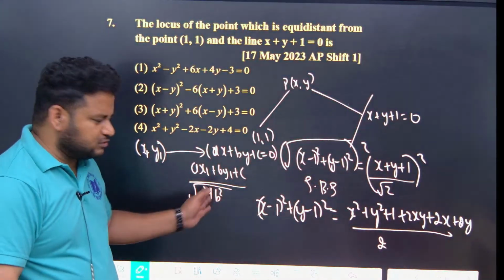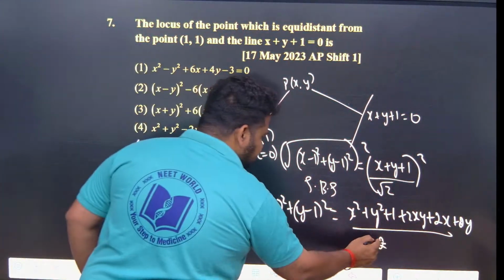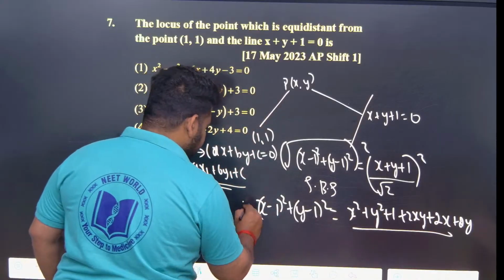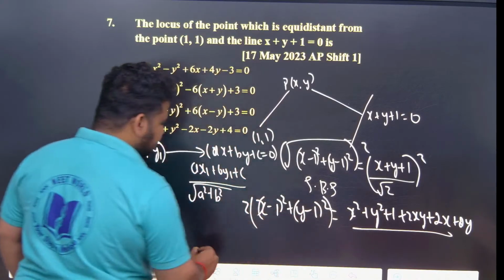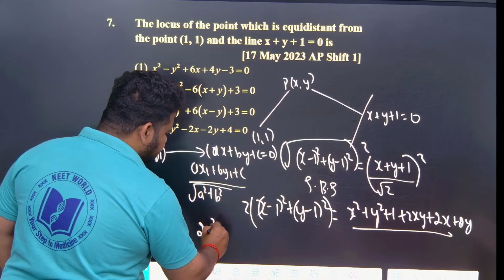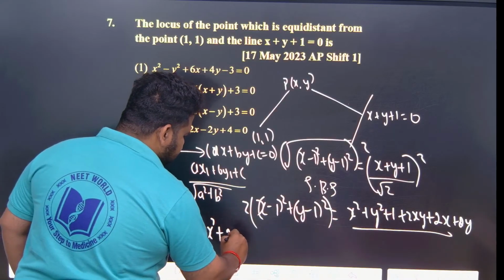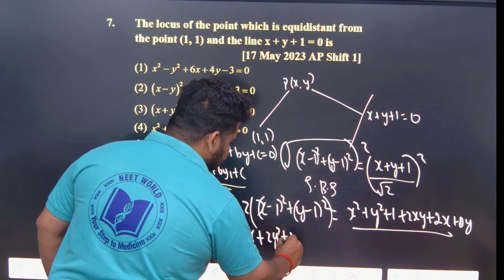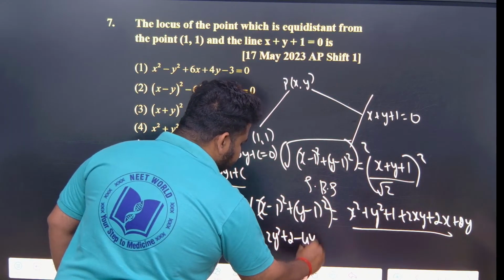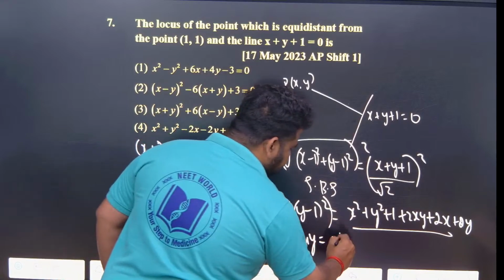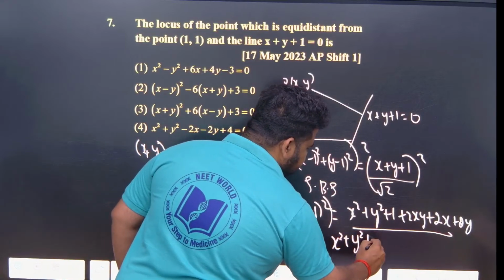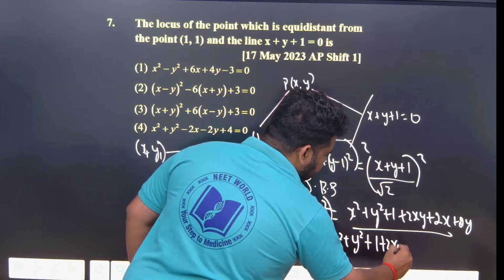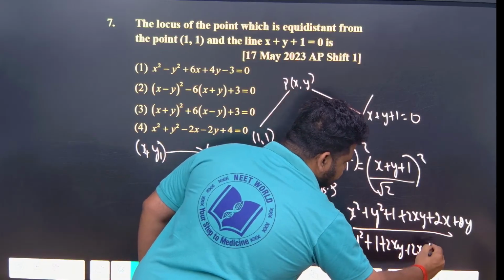So if I send this to this side, what will I get? 2x square plus 2 minus 4x, 2y square plus 2 minus 4y is equal to x square plus y square plus 1 plus 2xy plus 2x plus 2y.